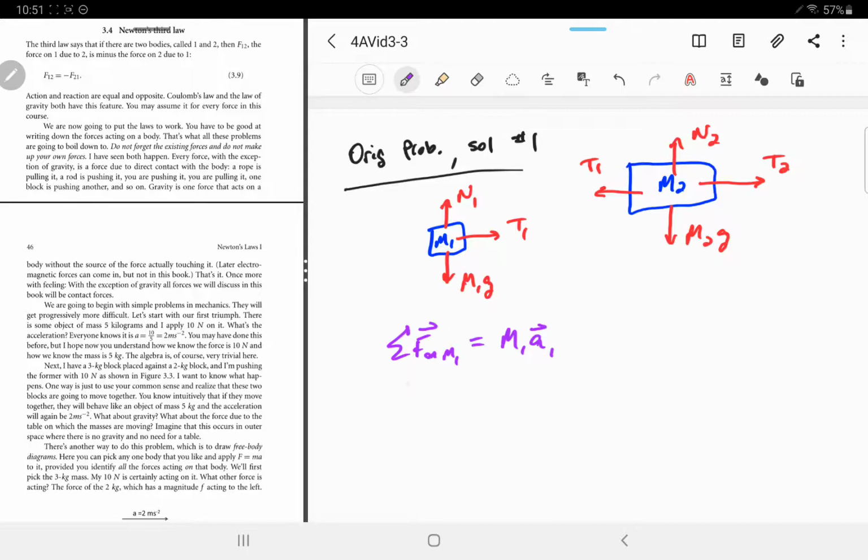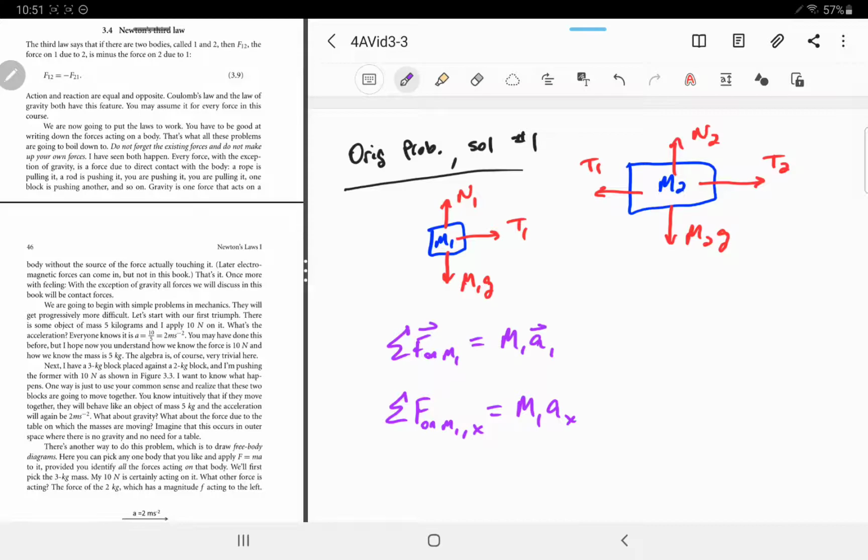But we can specify and just talk about the x direction. So we already know N1 is equal to M1G. In other words, if we look at the y components, it equals 0 on the right-hand side, so the vertical components have to cancel. So the interesting part is the x components of the forces is equal to M1 times the x component of the acceleration.